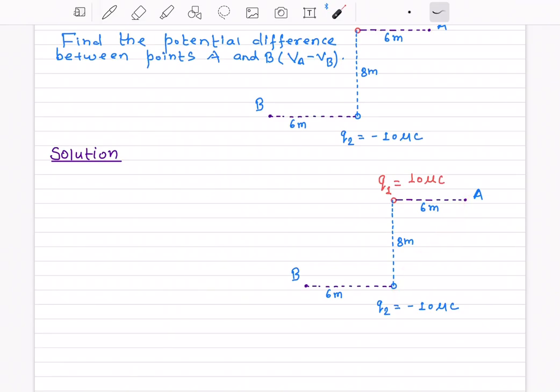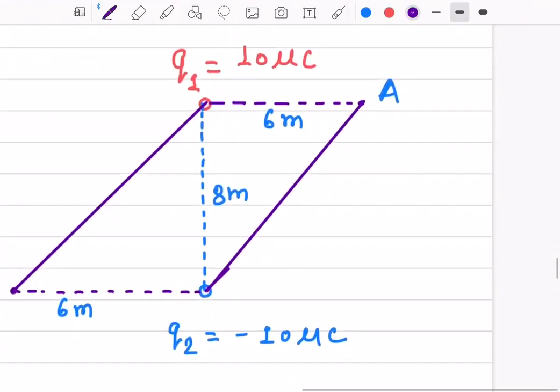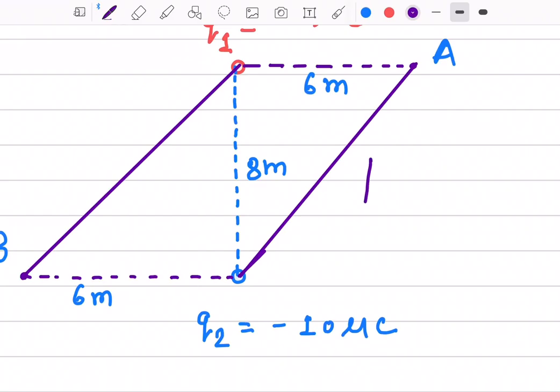If I look into this triangle here, let me draw this one first. This triangle, and now if I look into this triangle, then we can find this distance by using the Pythagoras theorem, and this would be 6 squared plus 8 squared.